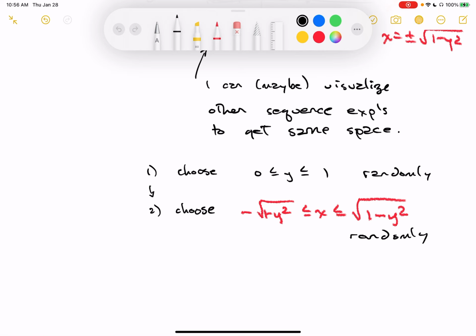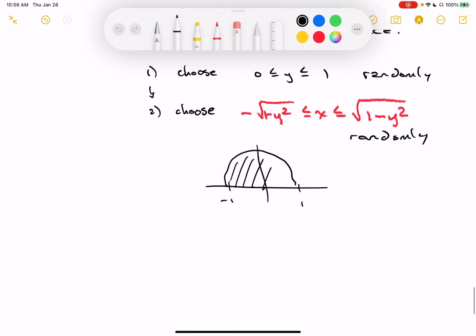What we find is that we get the same kind of visualization that we would have gotten before. We just did y first, and then we did x. So we reversed the sequence order here, but still got that same result.